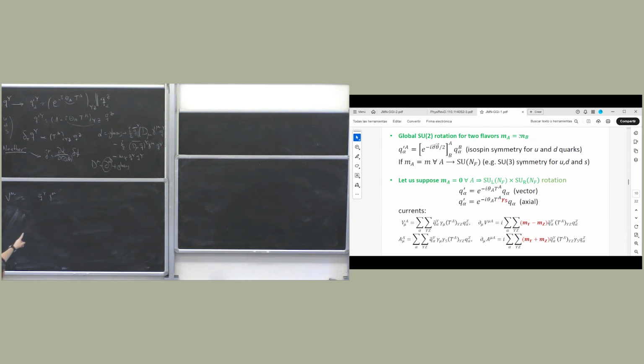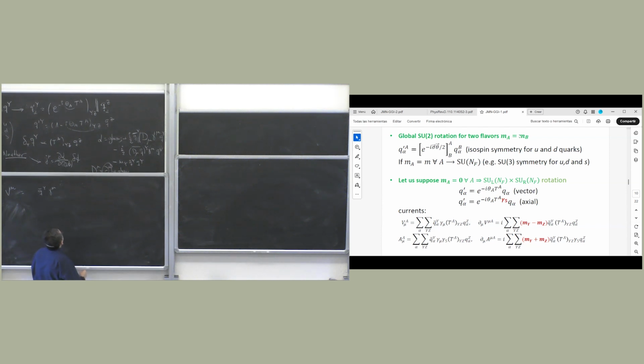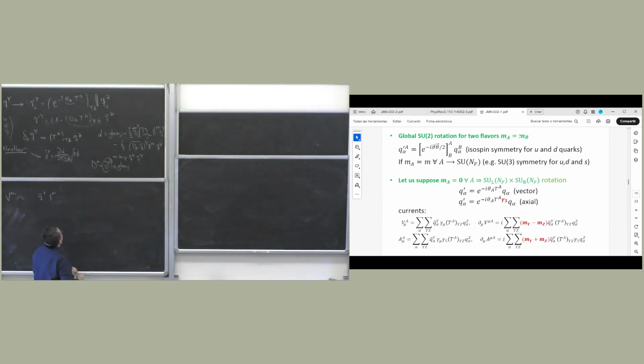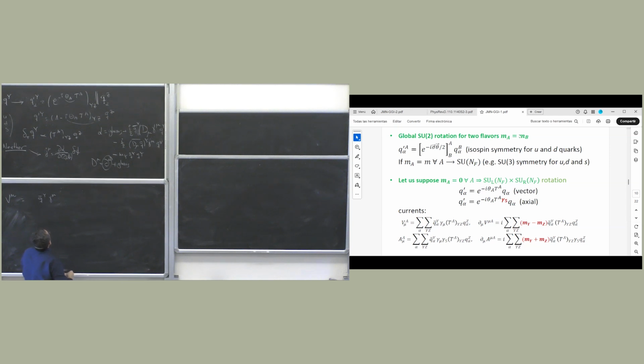And now I have to put this delta phi, this total variation of the field, which is just T a y z q z.